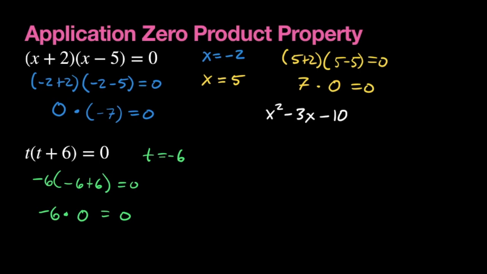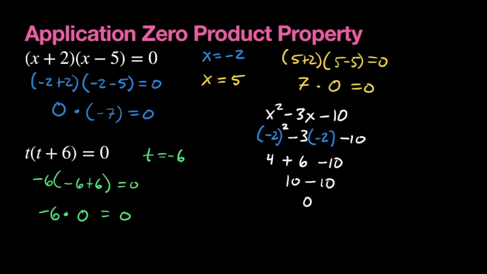Now, if I replace x with -2, we are going to get -2 squared minus 3 times -2 minus 10. So this will give us +4, +6, and -10. So we have 10 minus 10, which gives us 0. So we see that if it gave us 0 for one of the factors, it's going to also give us a 0 in the actual polynomial.